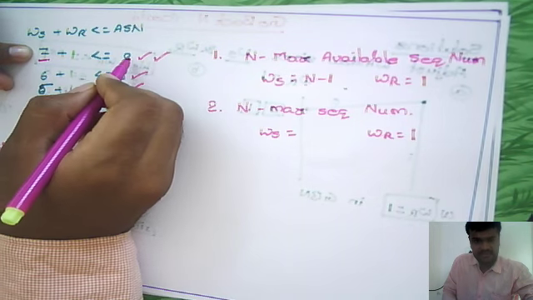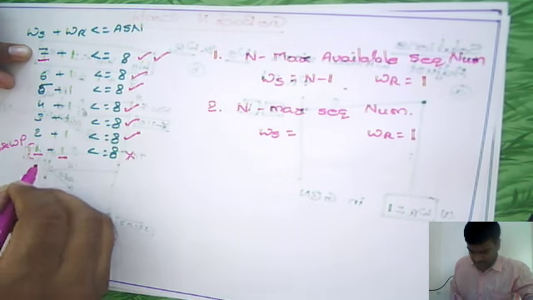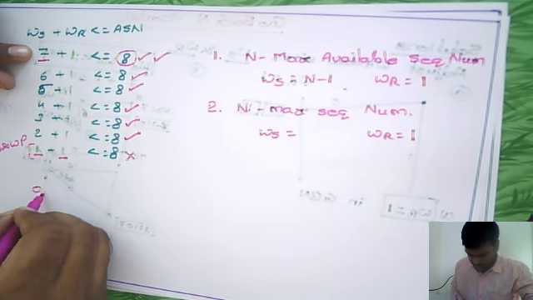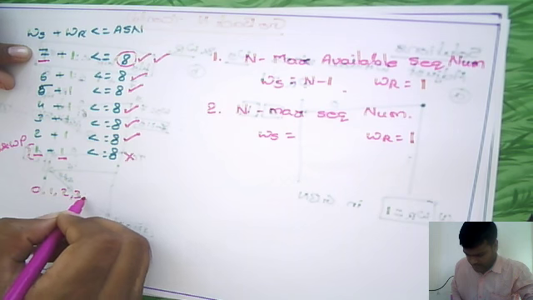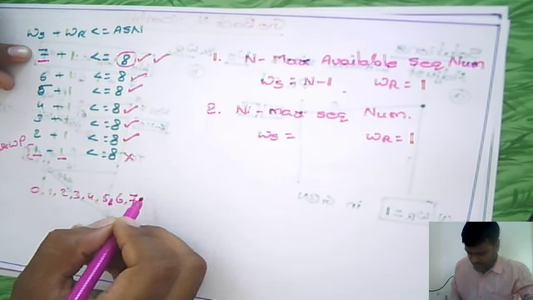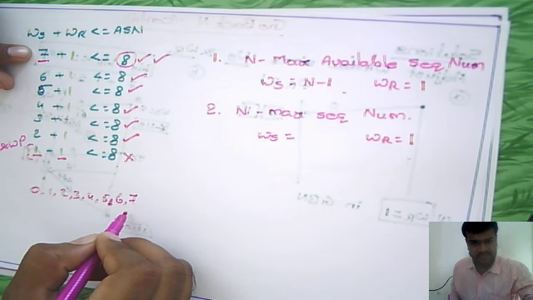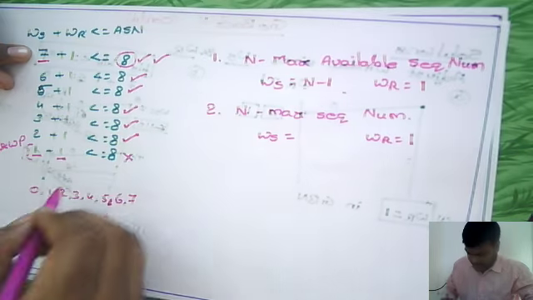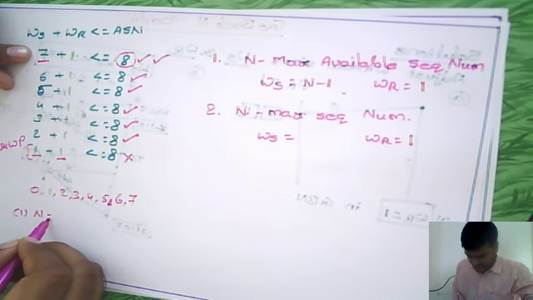Let us take this scenario: total sequence numbers are 8, that is 0, 1, 2, 3, 4, 5, 6, 7. In the first case N is 8.